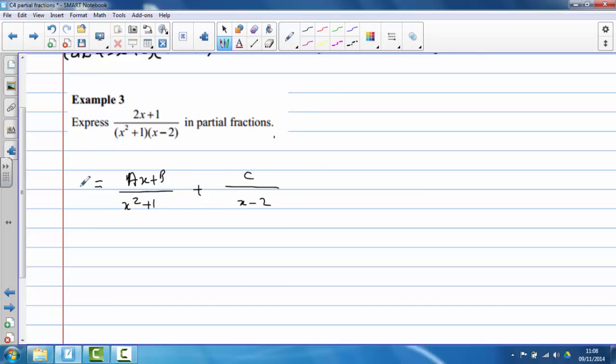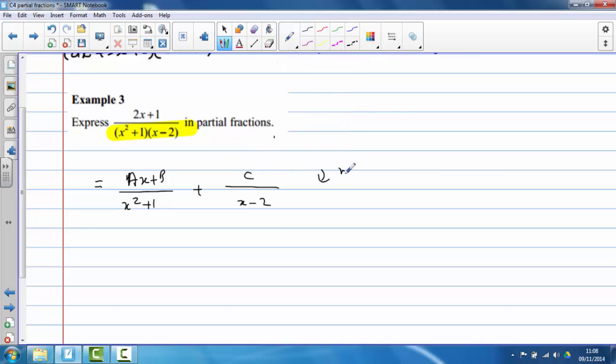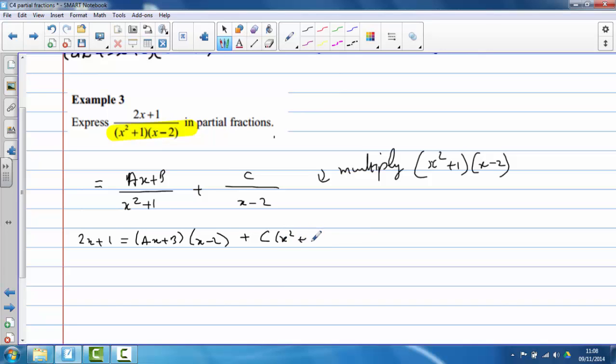And similarly, by multiplying across by the denominator, x squared plus 1 times x minus 2, that leads to 2x plus 1 equals ax plus b times x minus 2 plus c times x squared plus 1.